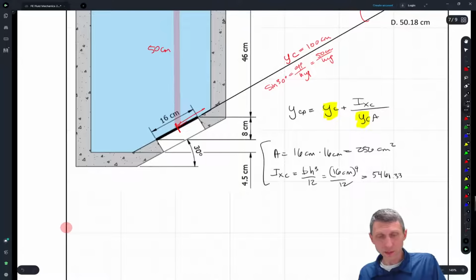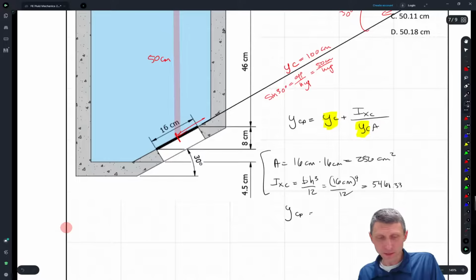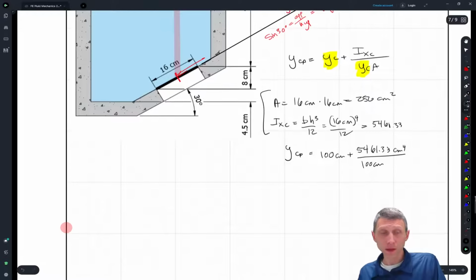So here we get the y to the center of pressure equals this 100 centimeters plus our 5461.33 centimeters to the fourth divided by our YC, which is 100 centimeters, times this area, and the area is 256 centimeters squared.